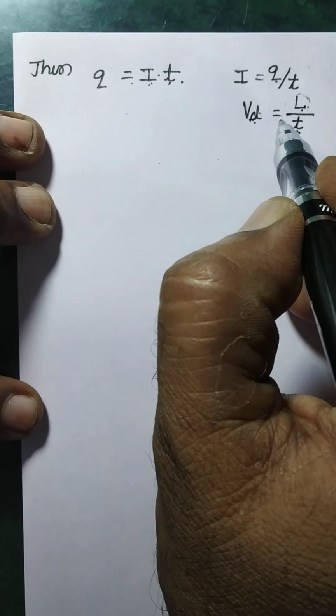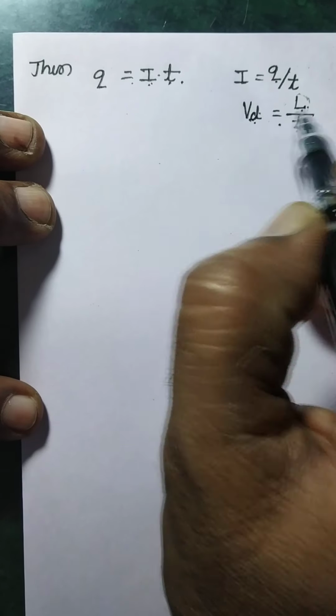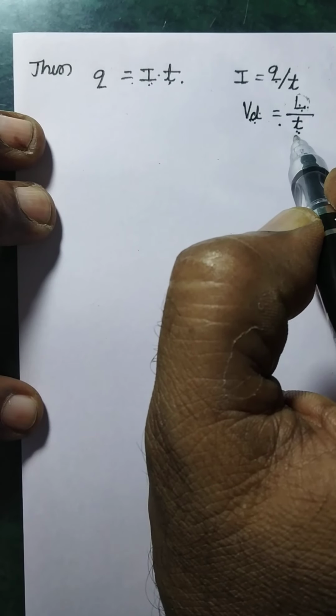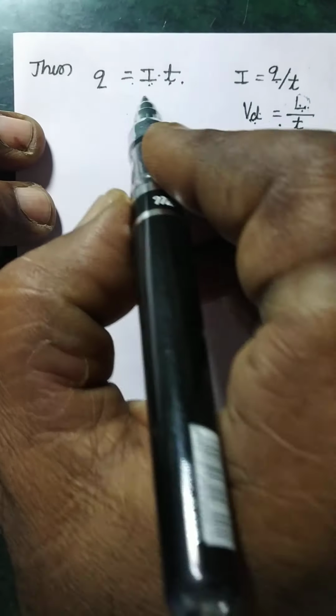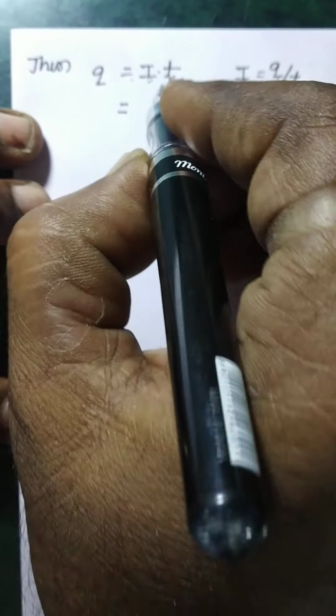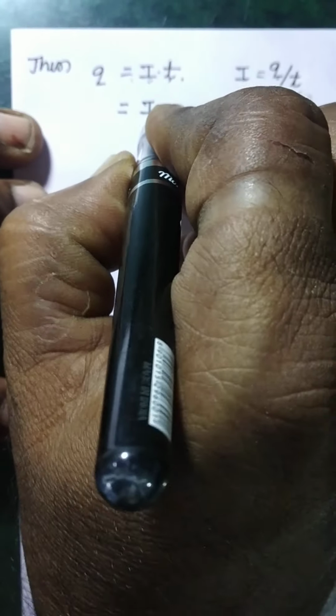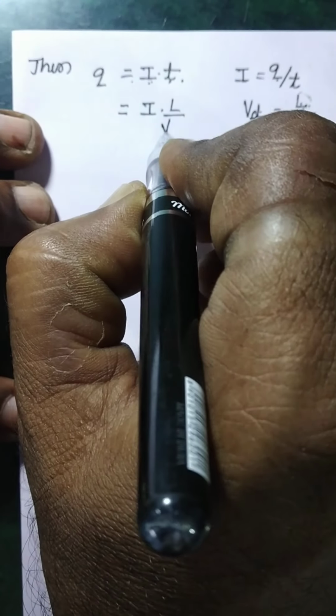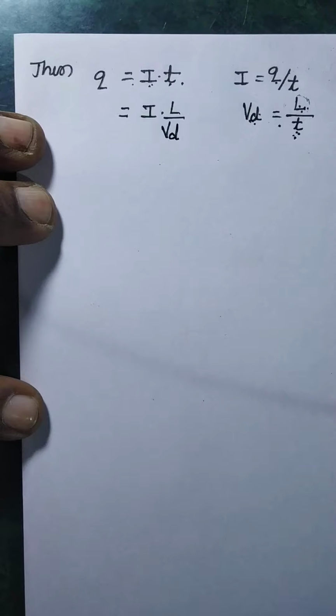VD, that is drift velocity, is distance divided by time, and therefore the quantity of charge is I into the value of T, L divided by VD.